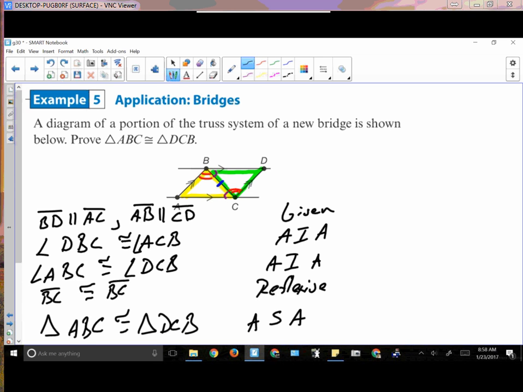My recommendation for those of you that are awake, when you are going through and doing this, draw out the picture. On the picture, if you can justify it with an angle, alternate interior angles, angle bisect, midpoints, look for parallel lines. If you can justify it, draw it out and see which ones it is.